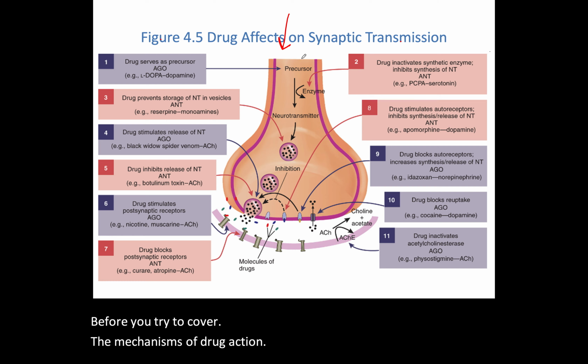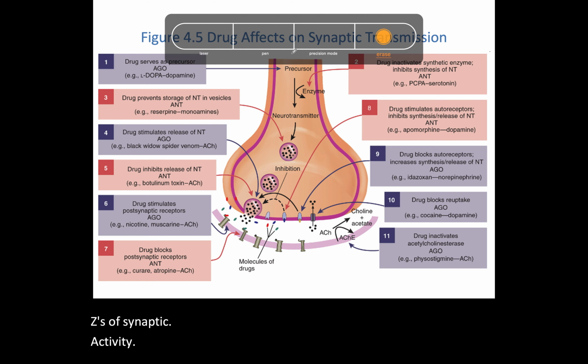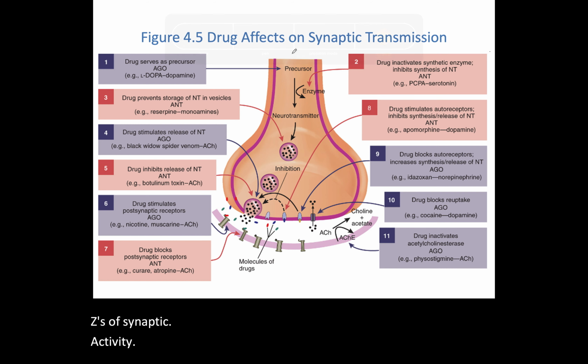So let's go through what I'll call the A through Z's of synaptic activity. Now, we begin by producing a neurotransmitter. Well, neurotransmitters are produced from precursor chemicals.